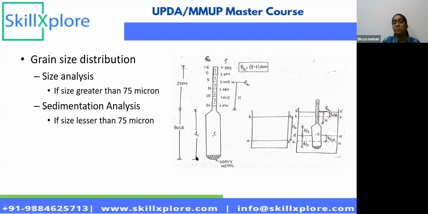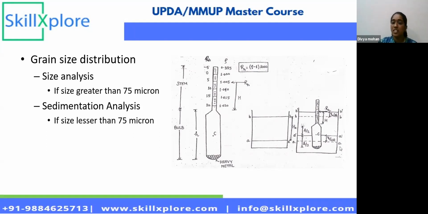In this method, the soil passing through 75 micron is mixed with 1 liter of water, and dispersing agents are mixed in, and we place the hydrometer in it. At first, for an hour, the particles are scattered in the water, and as time goes on, based on their diameter and their own weight, and due to the gravitational pull, the soil particles settle down to the bottom.